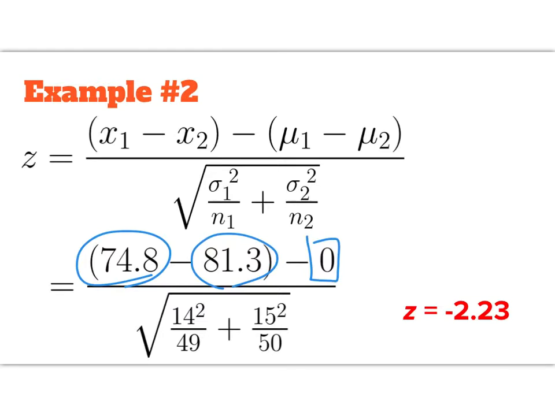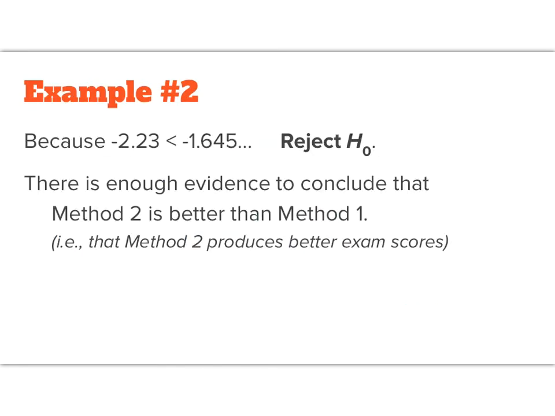Put that in the calculator, and you get a z-score of negative 2.23. Not only is that lower than negative 1.645, it's a lot lower. And so we will say with some pretty strong confidence here that method 2 is indeed better than method 1. In other words, method 2 is going to give you better exam scores.